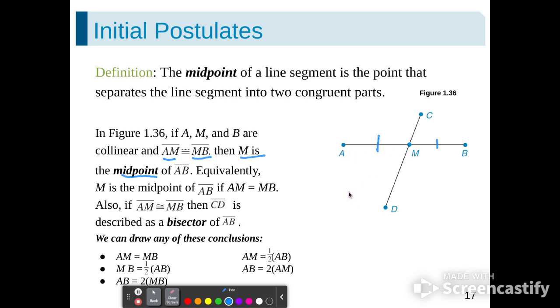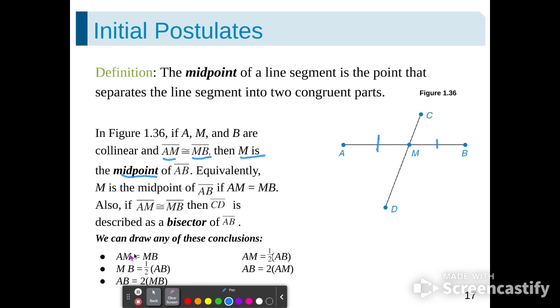Remember, with a good definition, we can go forwards and backwards. And then also, CD is known as the bisector, so line segment CD cuts AB in half. These are all just terminologies. Now we have these different relationships.